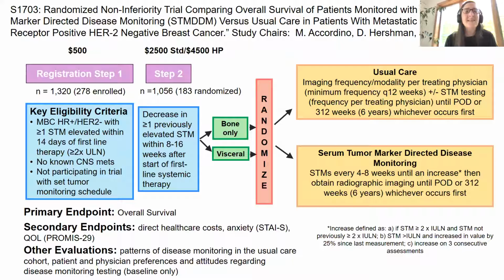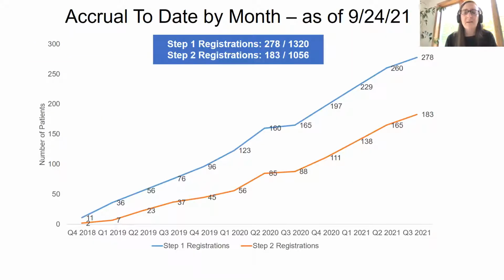But since these modifications have gone through, enrollment has picked up. There are currently 278 enrolled to step 1, with an increasing rate of enrollment, especially over this past year, which is fantastic. It is a very easy study to enroll patients on once you find them eligible. So I would strongly encourage sites to consider opening it.